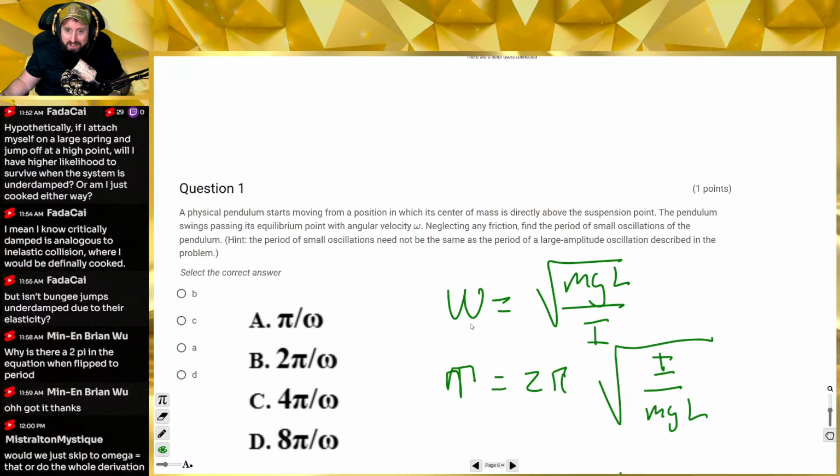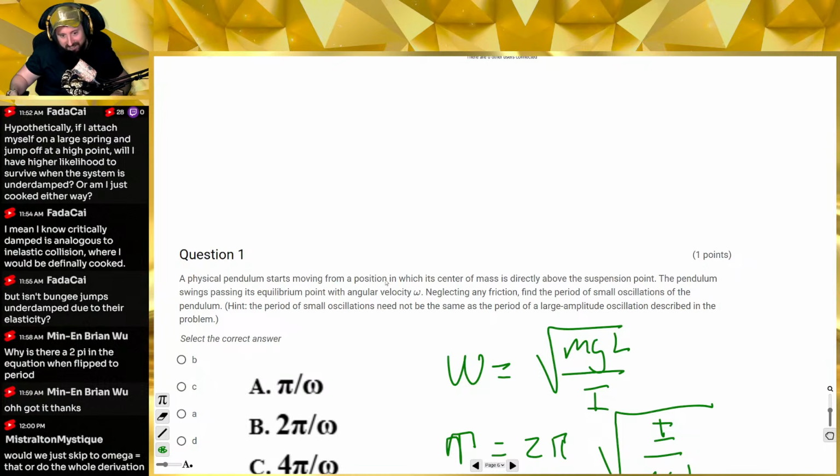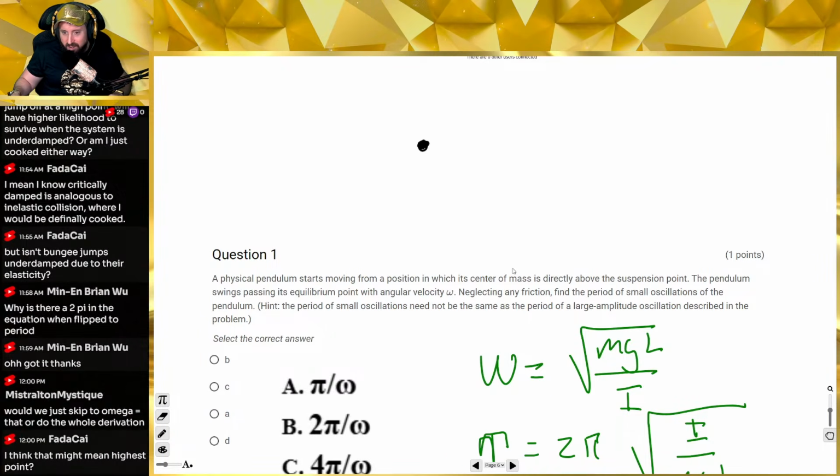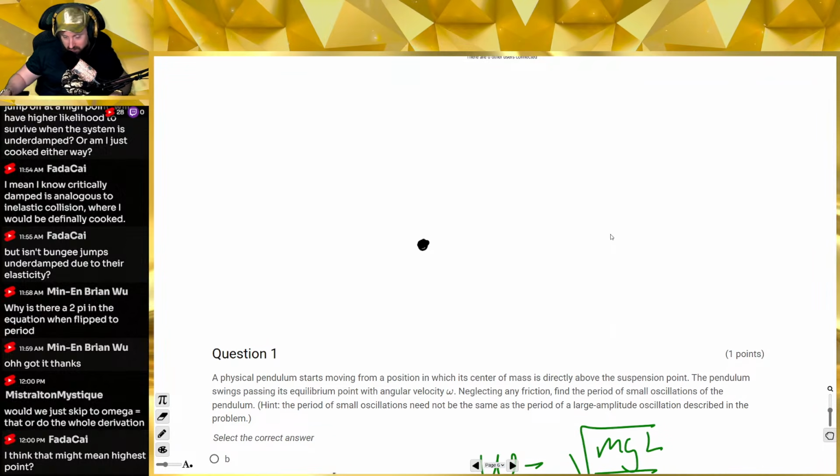No, because here's the weird thing. Okay, I'll show you what they're talking about. They really should have included a picture on this. I had to see the solution and how they derived it, and then I was like, wait, where is this coming from? Here's the key thing. It says the center of mass is directly above the suspension point. So they're saying that your mass is starting up here.